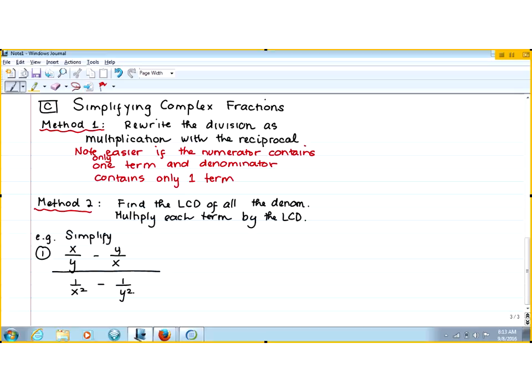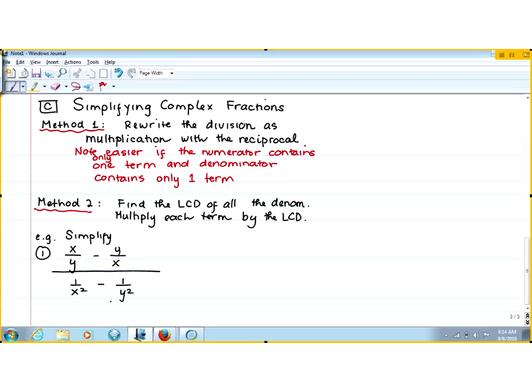Okay, so now, which method is easier for this? Method 1? When is method 1 easier? Do I have one term in the numerator and one in the denominator? No, so method 2 is easier.